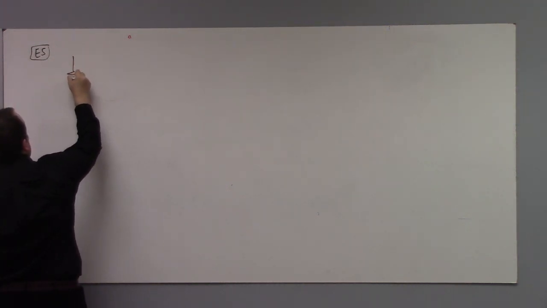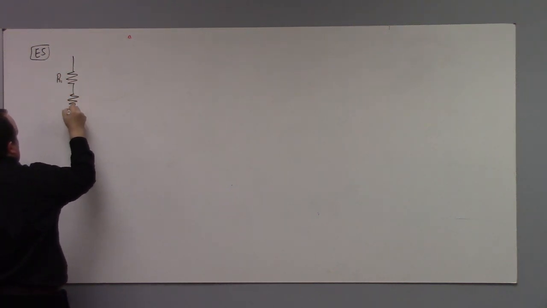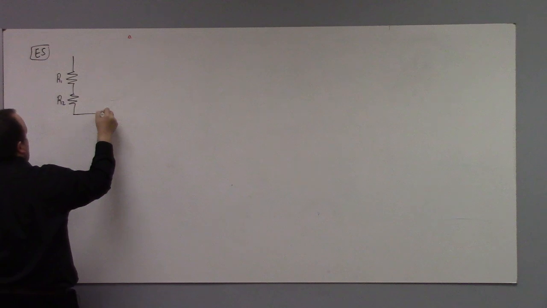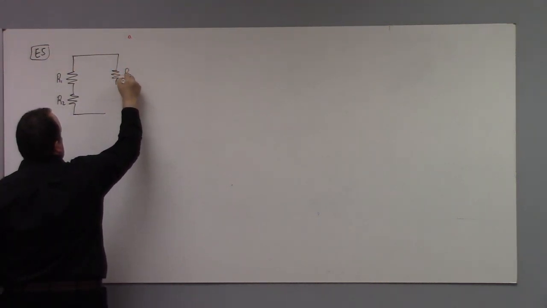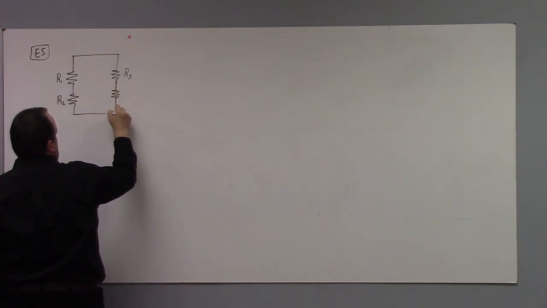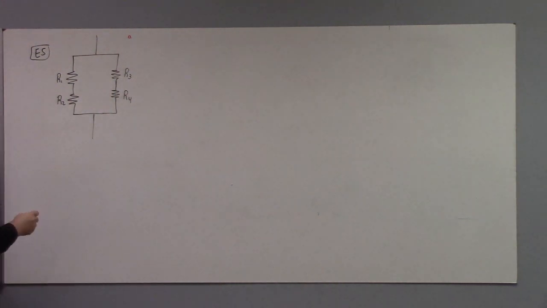Suppose we have R1, R2, and then over here, R3, R4. So this would be the equivalent resistance. How would we work it out here this time?